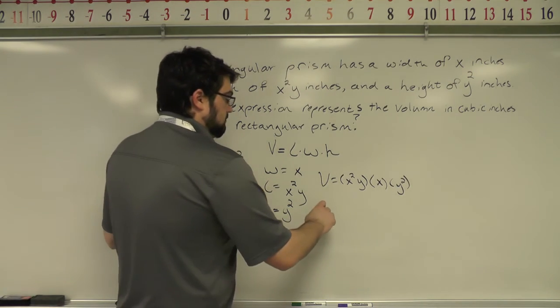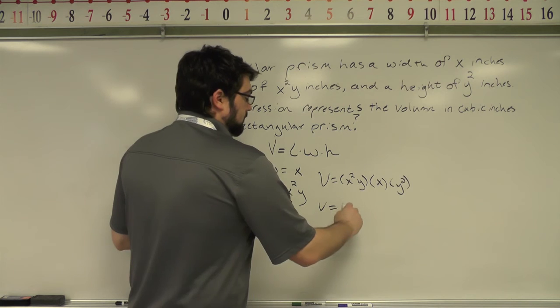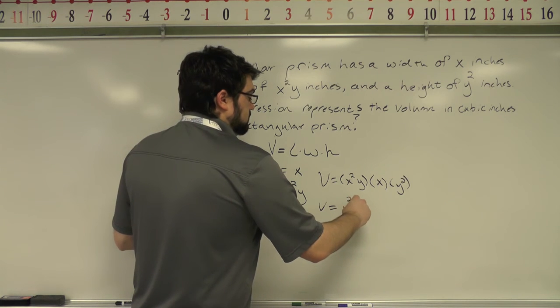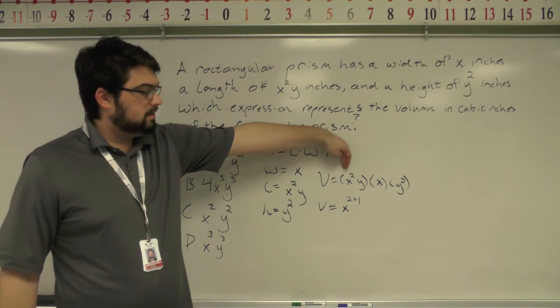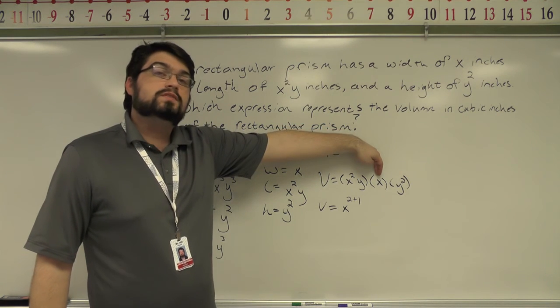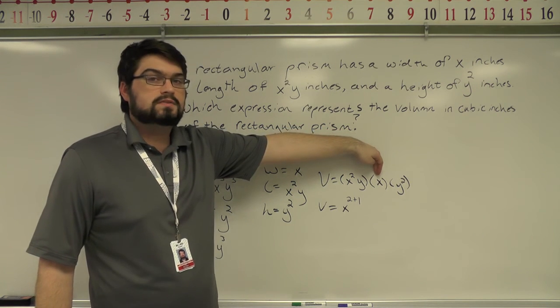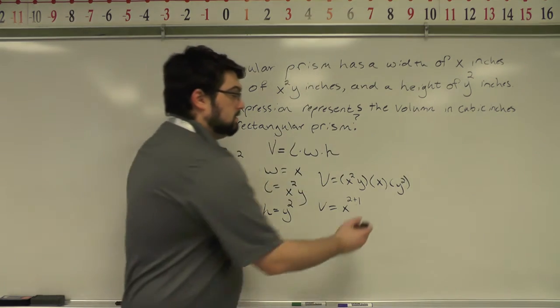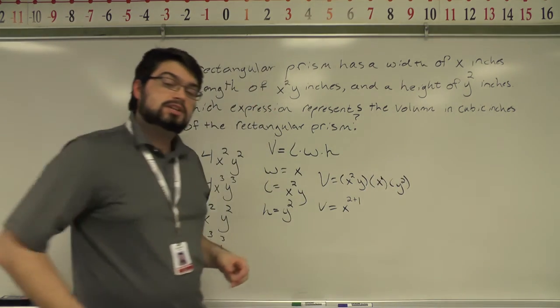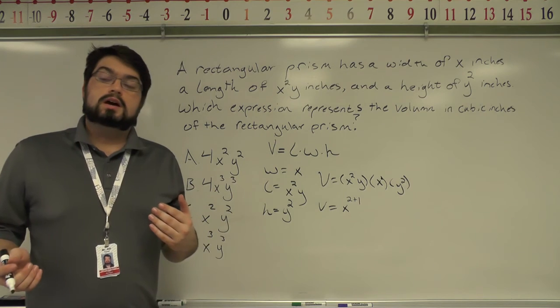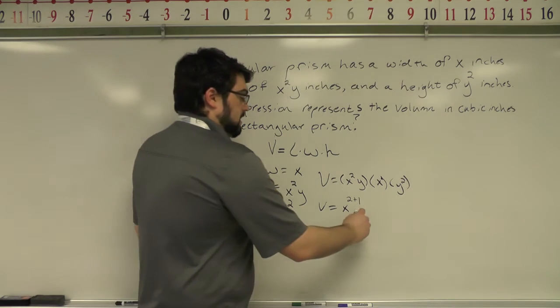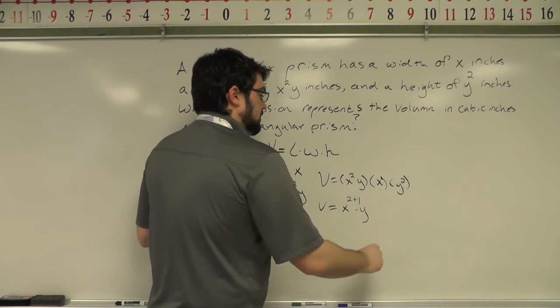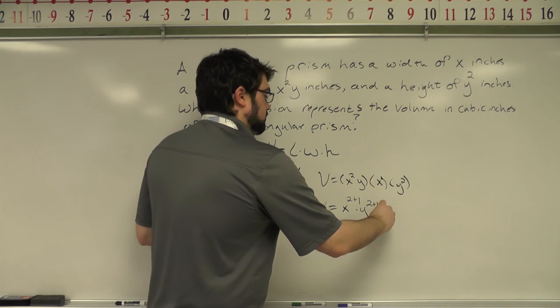So we're going to end up getting v equals x to the 2 plus 1, because I have an x squared here and an x. If you see a variable just by itself, it has an invisible 1 in the exponent, like you would see with a coefficient. And then we have times y to the 2 plus 1.